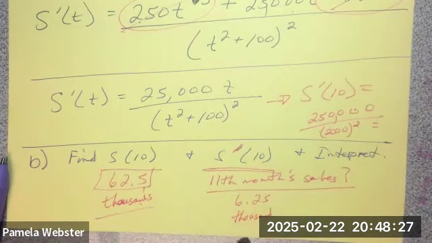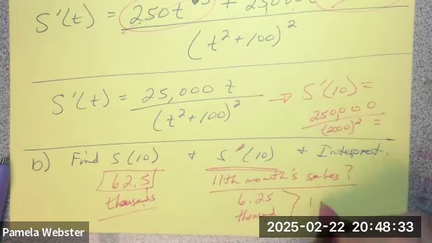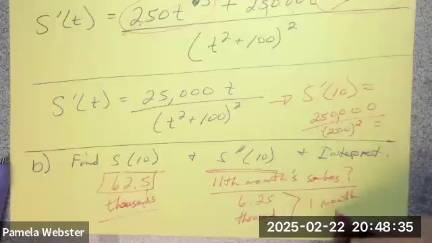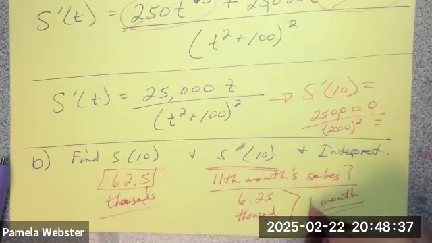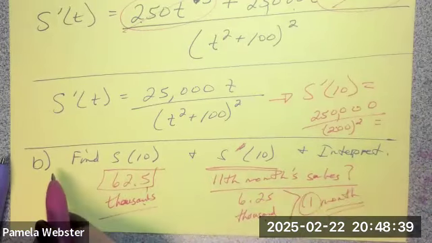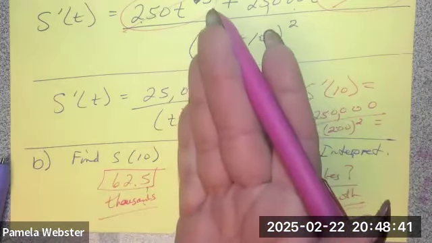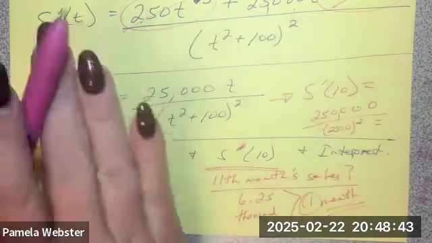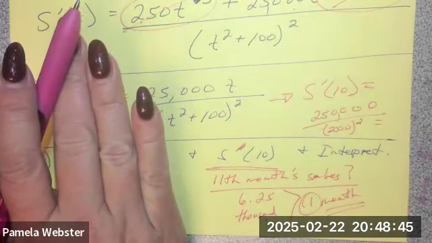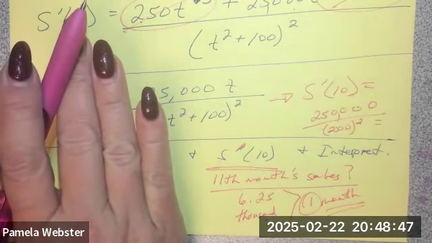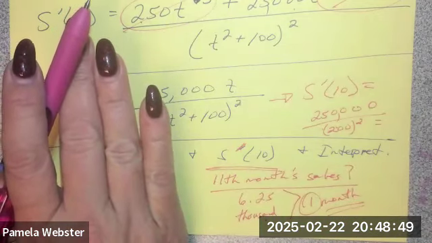Okay. Why is this number so much smaller than this number? Because this is just 1 month, the 11th month. So like if we release this in January, this is how many we would sell through October. They expect 6.25 thousand just in the month of November, right?